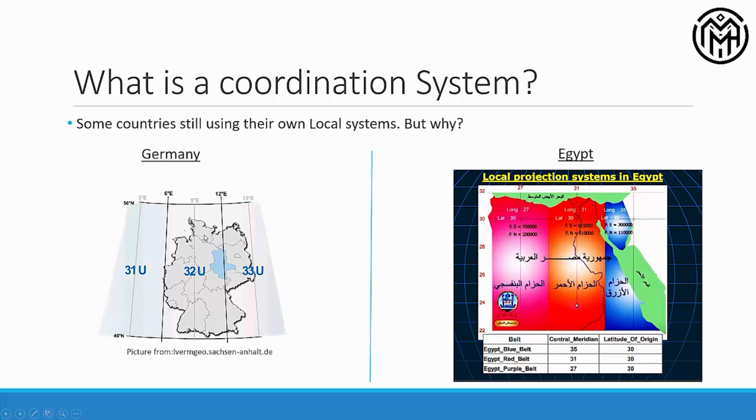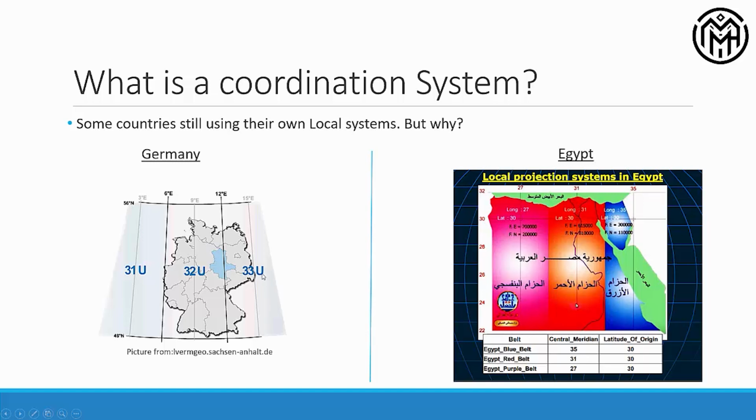So let's start with Germany. Germany is one of the countries that has adopted UTM into the workflow and into the projects, and Egypt is now working with a different coordinate system, actually the red belt, the blue belt and the purple belt.